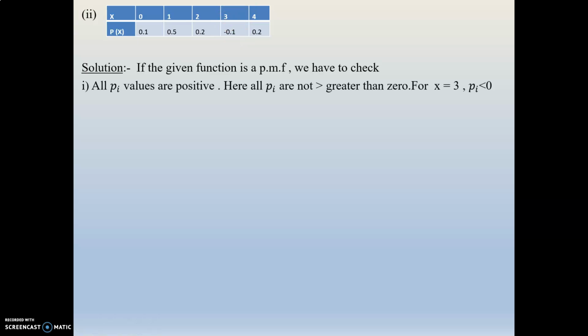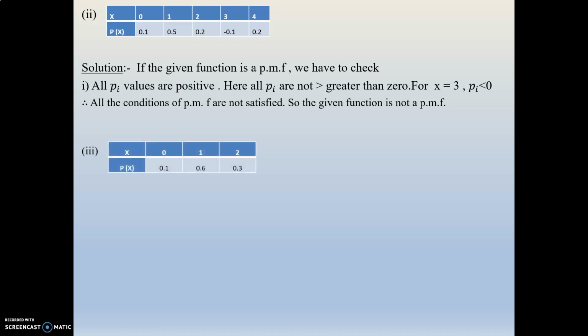So the first condition is not satisfied. Actually P3 is less than 0. So the second condition you don't need to check because the first is not satisfied. Therefore the given function is not a probability mass function.